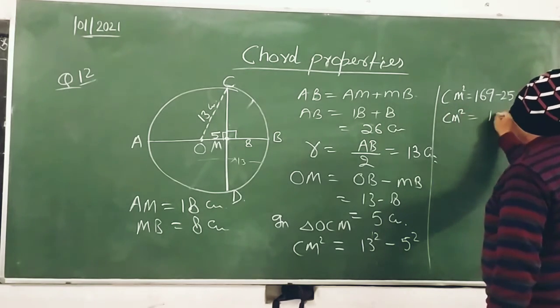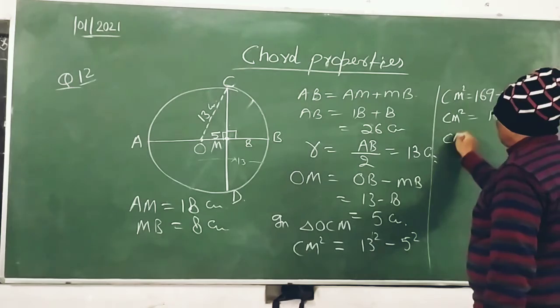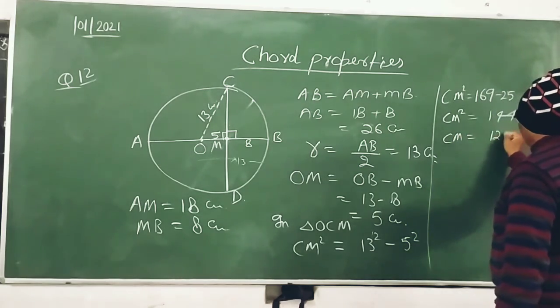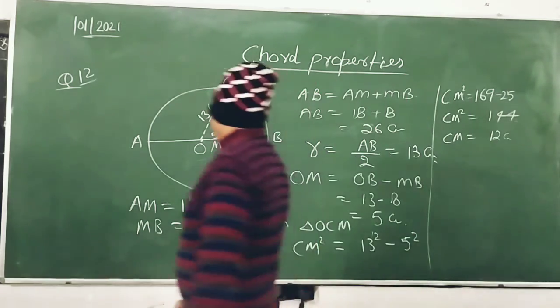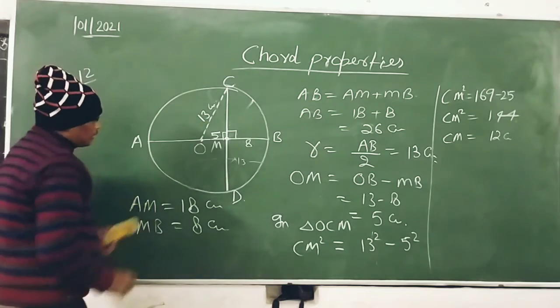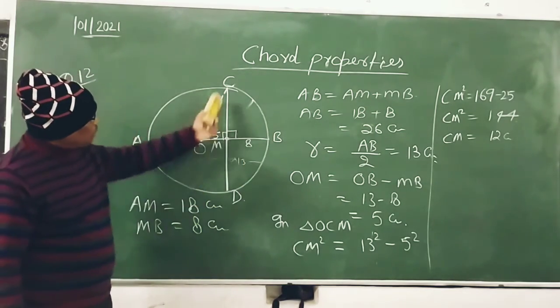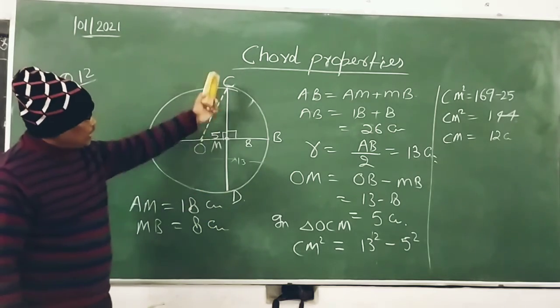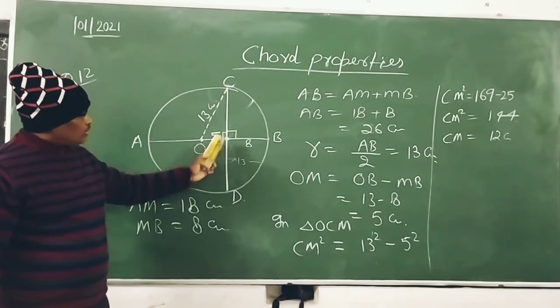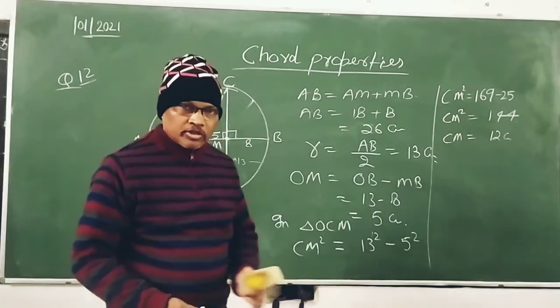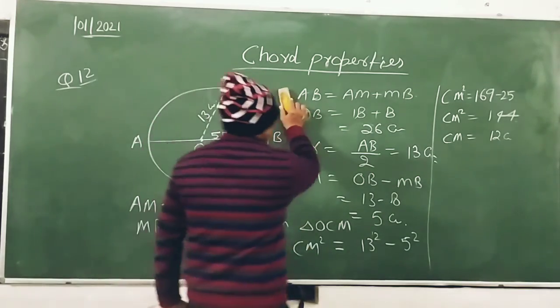CM square 144. So CM is equal to 12 centimeter. But it is only the half of the chord. This is perpendicular and passing through the center. It means it will divide in two equal parts. Means CM is equal to MD by using chord property.